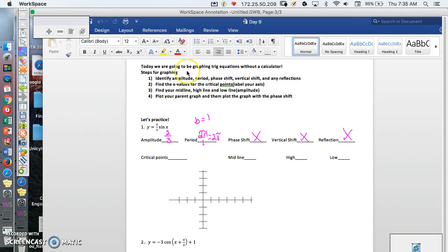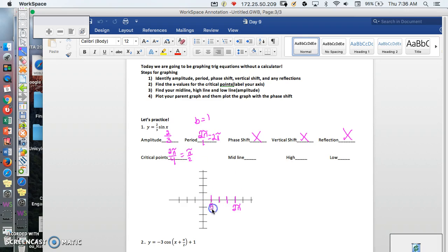Next, find the x values for your critical points. Well, if our period is 2 pi, each critical point, so we had 1 at the start, 2, 3, 4, 5, that has to be 2 pi. To label all these, 2 pi divided by 4, so we're going to count by pi over 2.